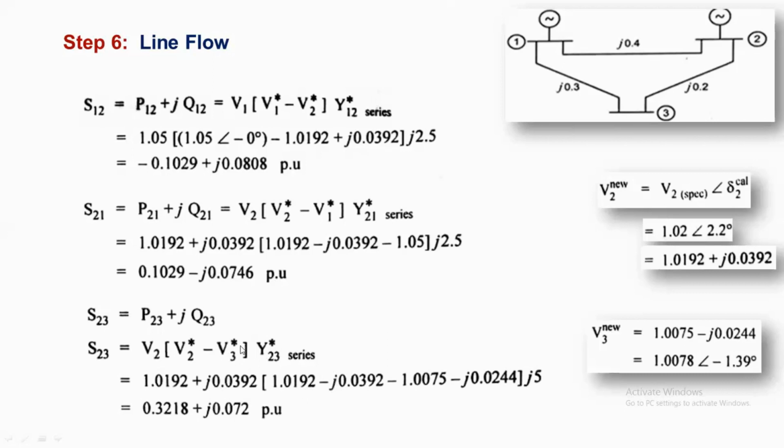Then V3 star: already there is a minus here, multiply the minus inside, so inside also minus j0.024. Here Y23 series star is equal to minus 1 divided by j0.2, that is j5. Then simplify, you get 0.3218 plus j0.072 per unit. Then similarly calculate 3 to 2, S32.